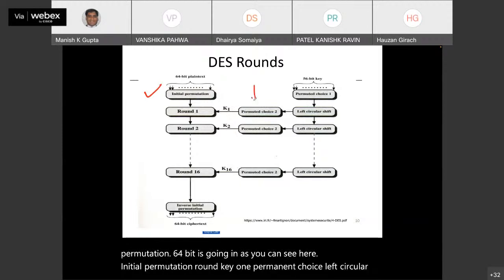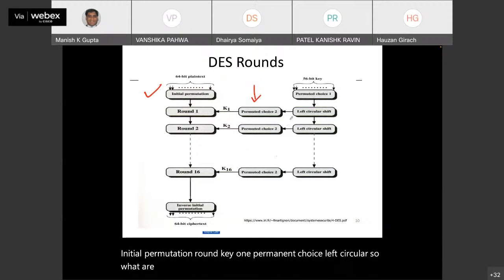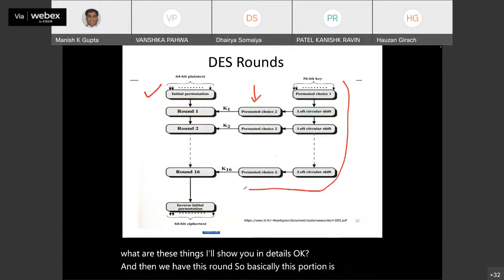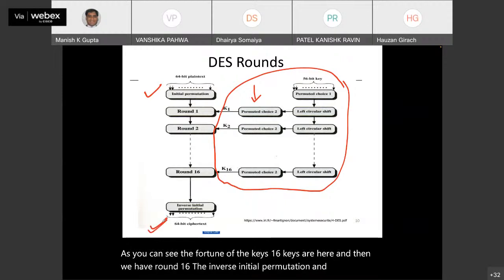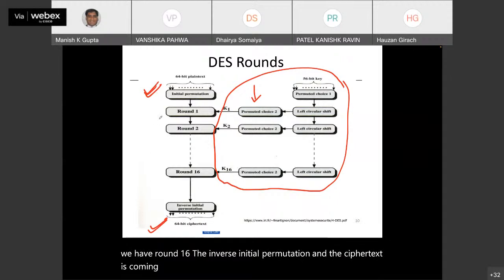So what are these things? I'll show you in detail. And then we have this portion, which is for keys. As you can see, for generation of the keys, 16 keys are here. And then we have round 16, the inverse initial permutation, and the ciphertext is coming here. So input is here, output is here.